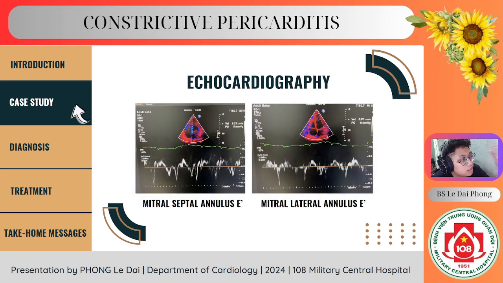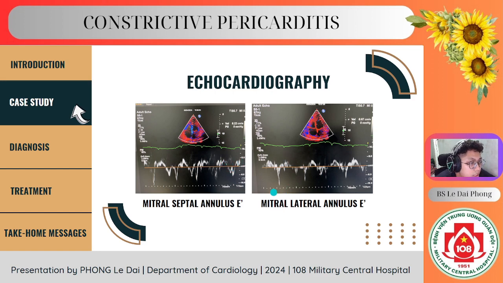So in this patient, we have the mitral septal annulus e' and the mitral lateral e' right here. We can see the e' of the septal is 8.2, which is more than 7, and I think it's normal, slightly reduced but still in normal range.